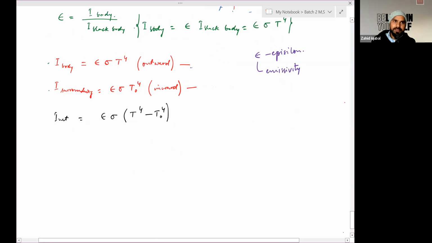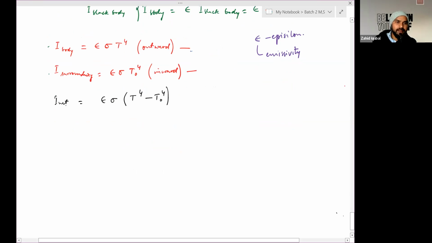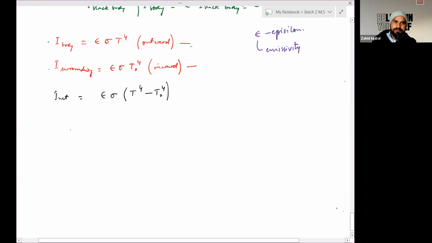Now let me simplify this particular part to calculate rate of heat lost by this hot body. We may write intensity as energy dQ by area by time equals epsilon sigma (T to the power 4 minus T naught to the power 4).